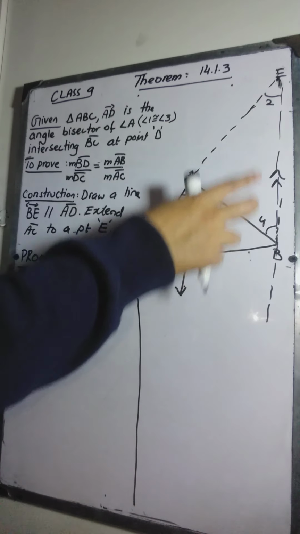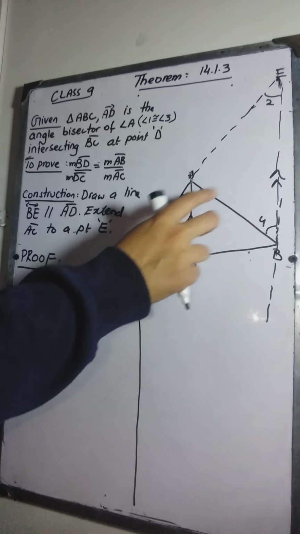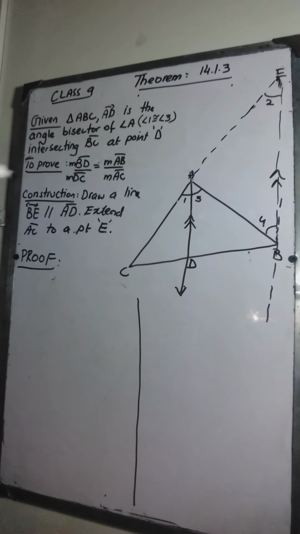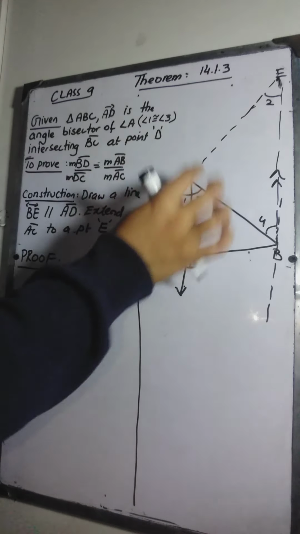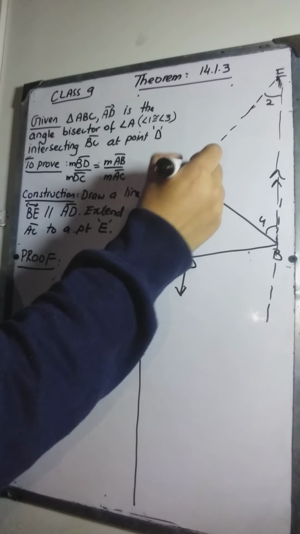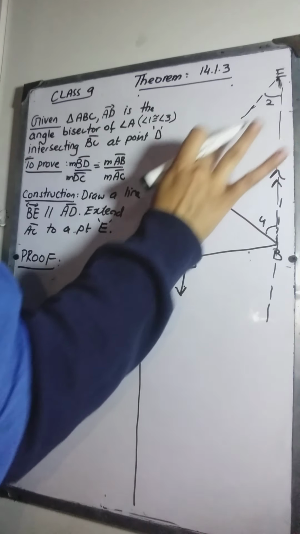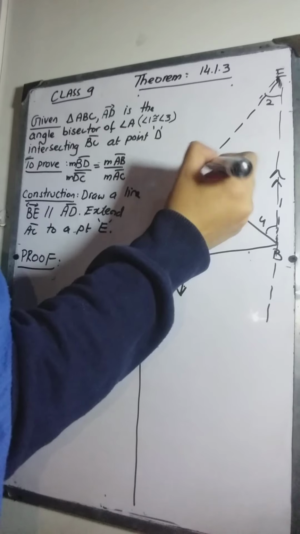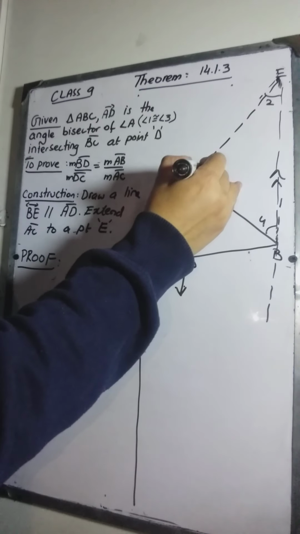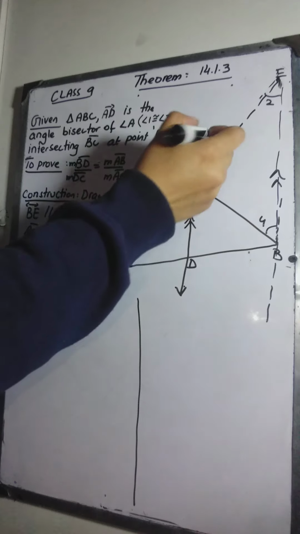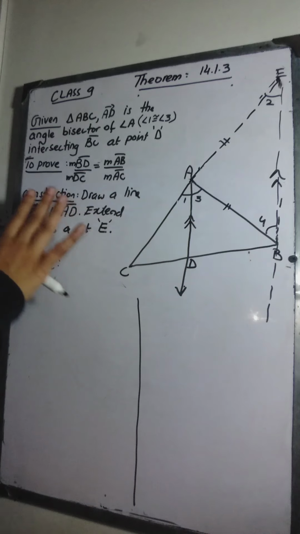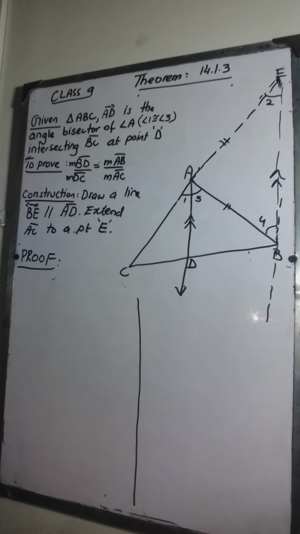After making these two angles congruent, it will be clear that AB is congruent to AE. Side AB is congruent to this AE. So we will make these two sides congruent, and with the help of this we are going to get our result. These are the 2-3 steps that we are going to do.